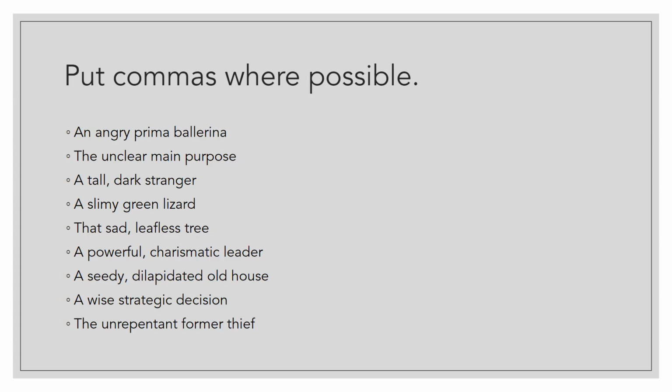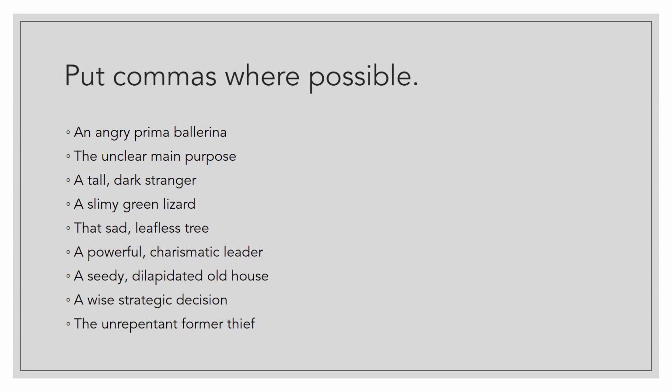Green seems a little more essential to the meaning of the word lizard, so maybe a comma, maybe not, right? Sad and leafless, again, seems like maybe we could put a comma there. Powerful and charismatic are two adjectives describing the nature of the leader, the personality. They're performing the same purpose there. So we could maybe put a comma there.